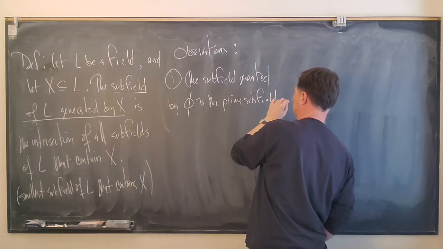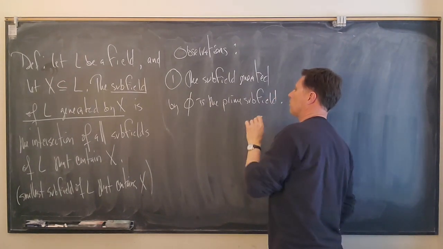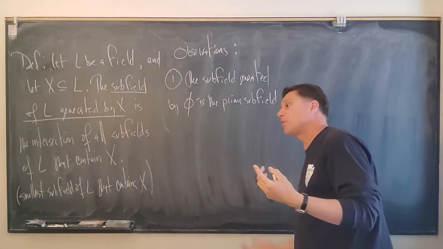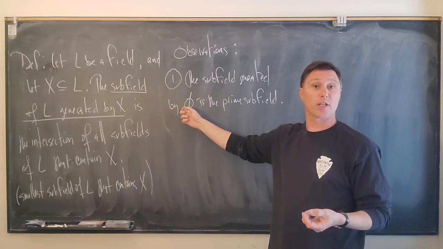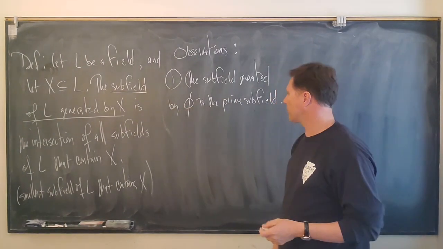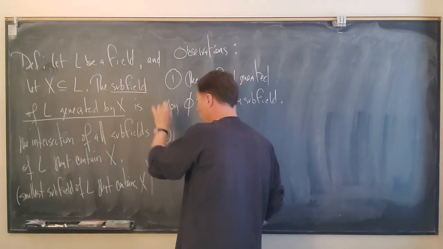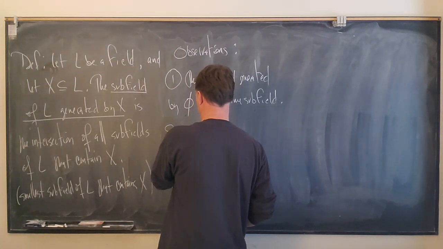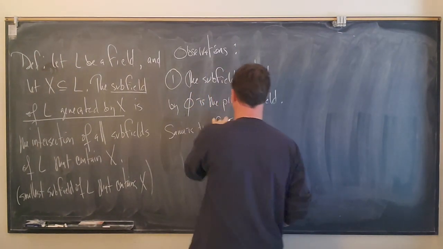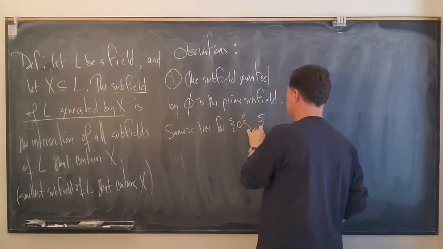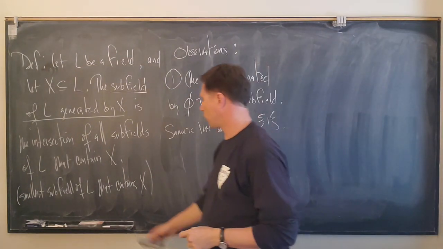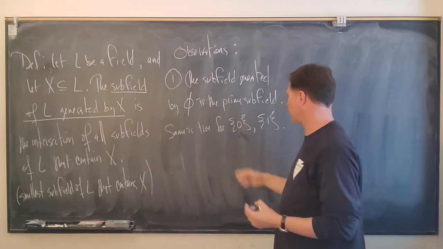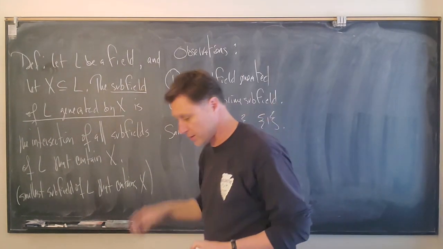Remember, the prime subfield is the intersection of all subfields, and since all subfields contain the empty set, when you do the intersection of all subfields that contain the empty set, you'll get the prime subfield. The same is true for the set containing 0 or the set containing 1, right? So if you look at the subfield generated by the set containing 0, you get the prime subfield. Same with the set containing 1.